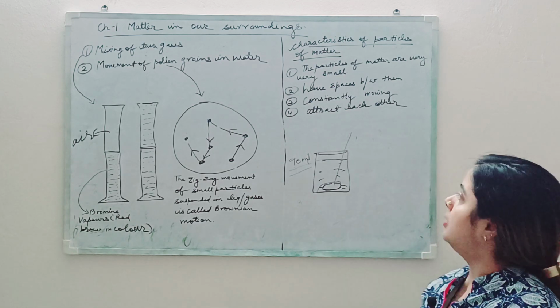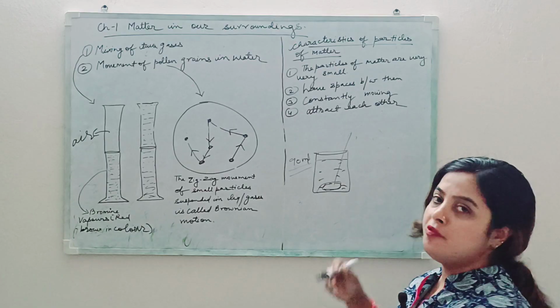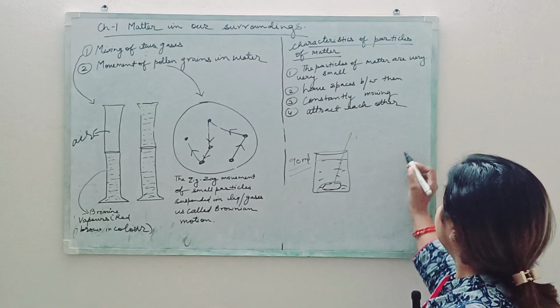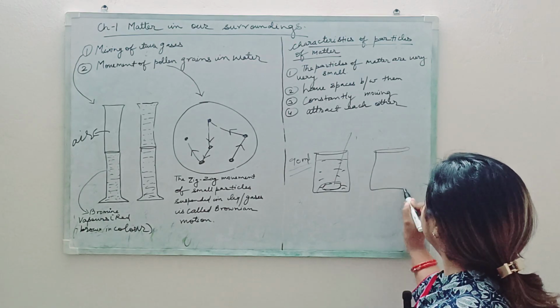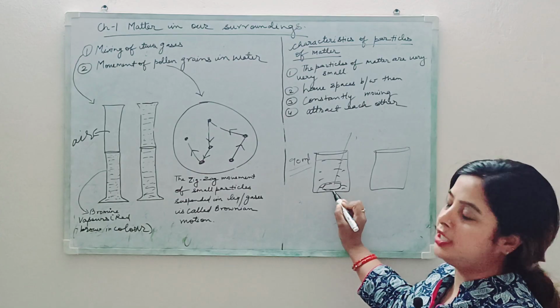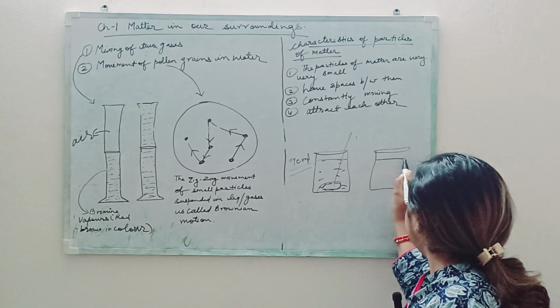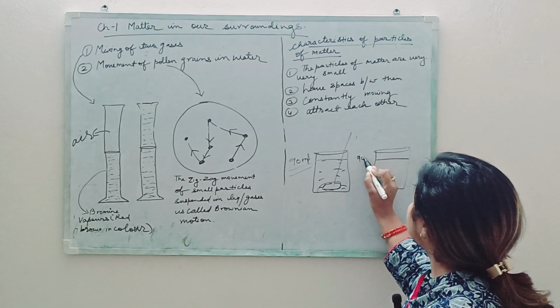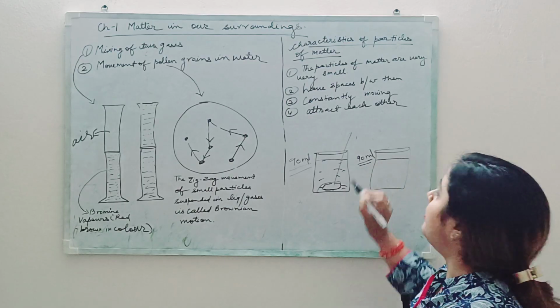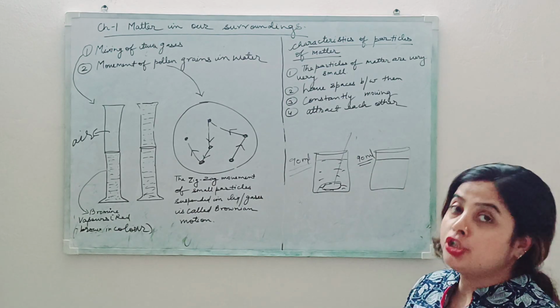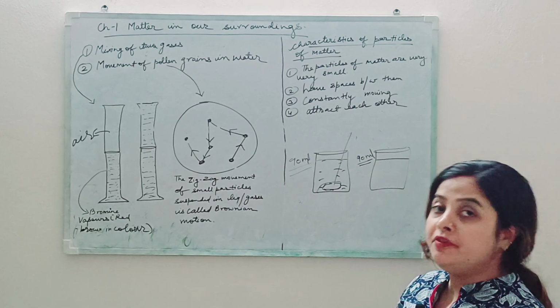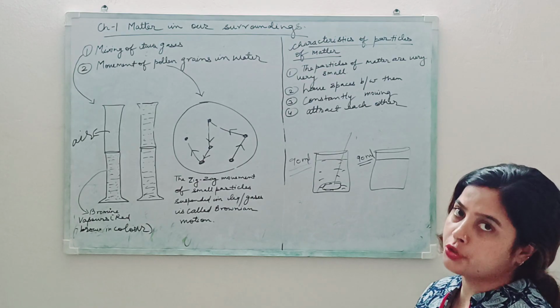After some time the sugar will disappear. Again you measure the volume of the liquid after dissolving the sugar. You will find the volume is also 90 ml only. There is no change in volume of the liquid even after dissolving the crystals of sugar.